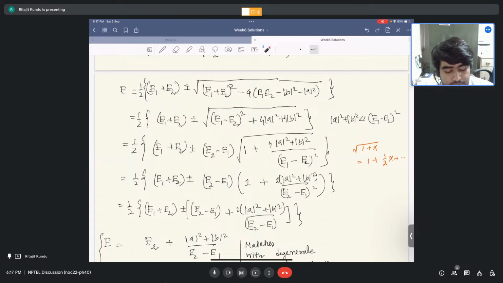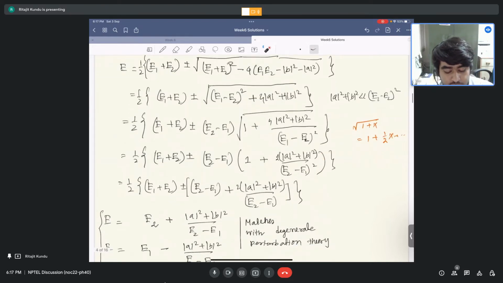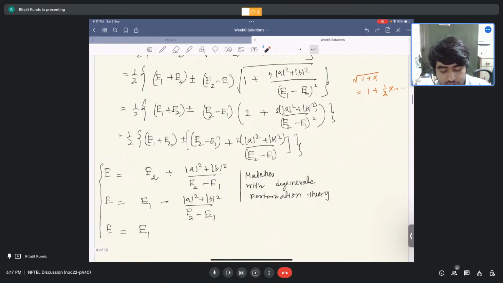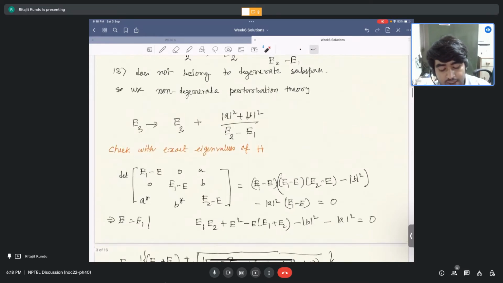When you expand this square root up to first order and do some algebra and simplifications, you will see that one of the energies becomes E2 plus mod A squared plus mod B squared divided by E2 minus E1. So this is the E3 that we calculated last, right? Using non-degenerate perturbation theory, E3 actually matches exactly.